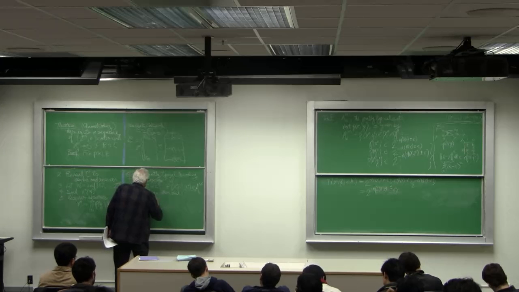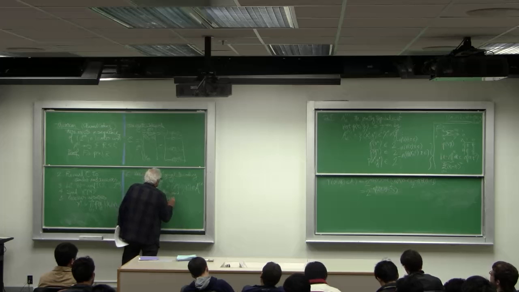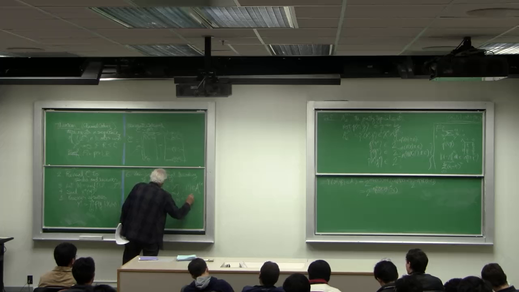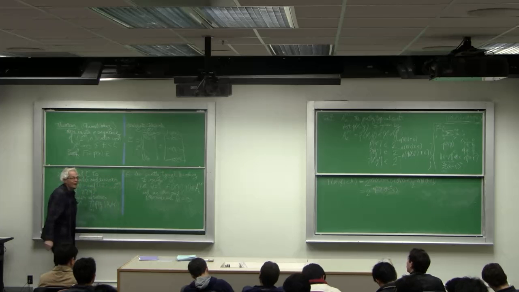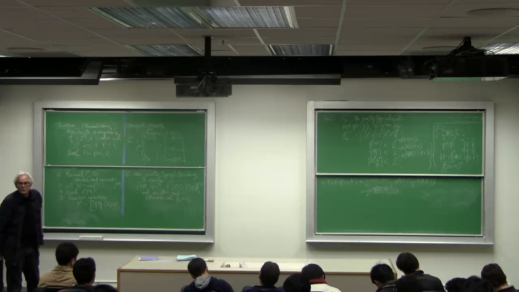Otherwise, set W hat equals 0, which you'll note is not on the list of 1 through 2 to the NR. We're essentially declaring an error.